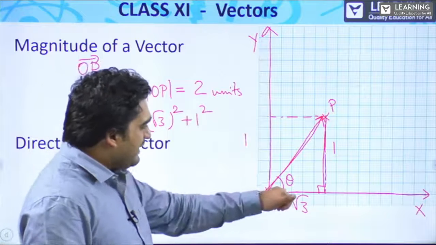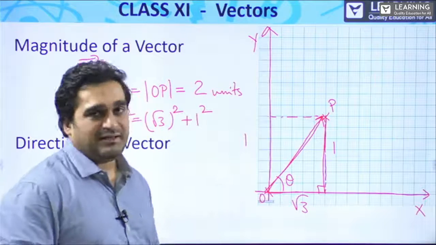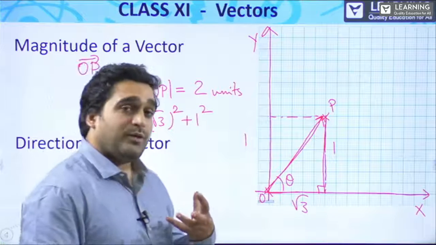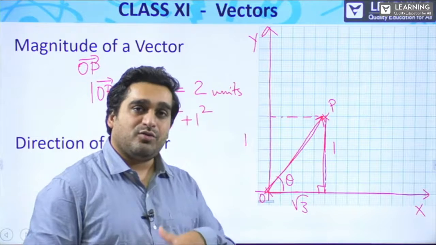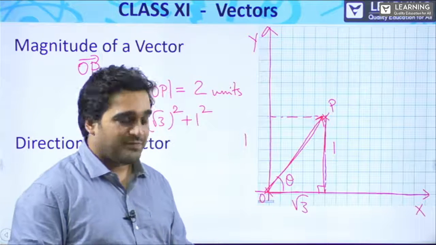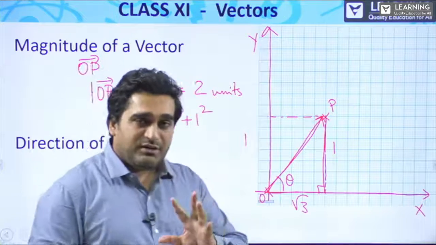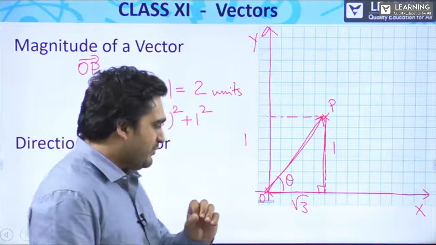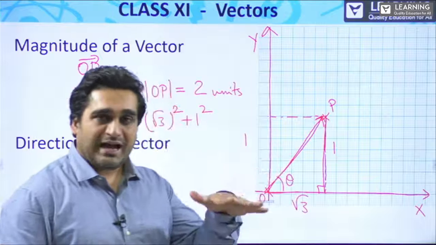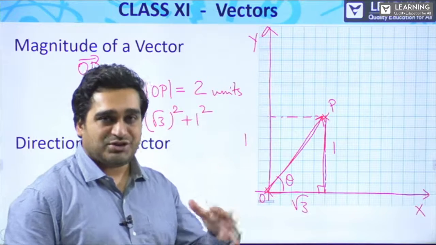So now we have to identify what this angle is. So how do we identify the angle? Well, we go back to our lower standards where you might have learned trigonometry ratios, such as sine, cosine, tangent.